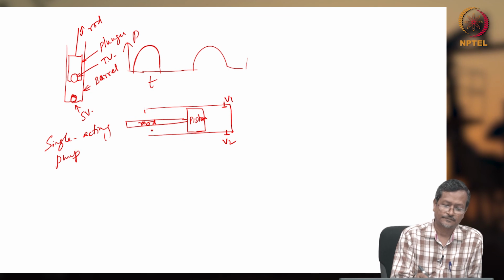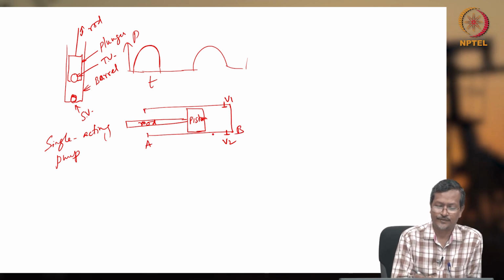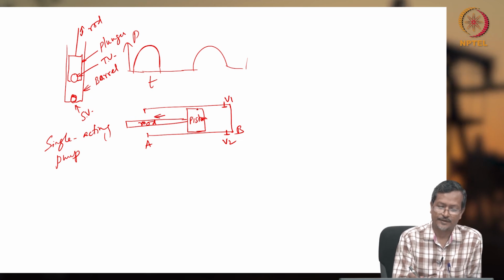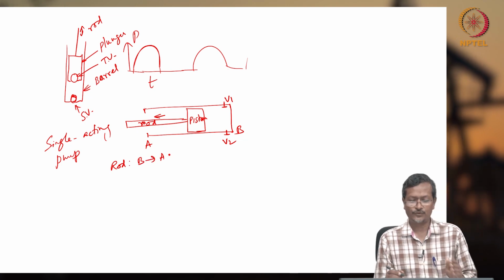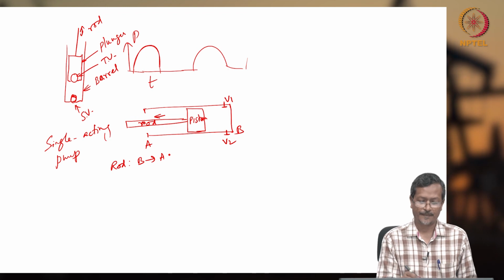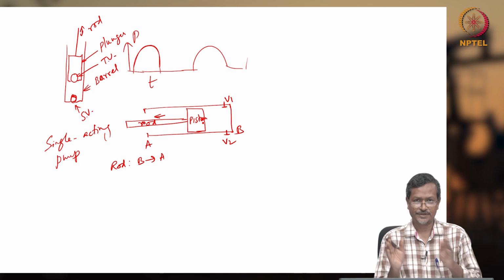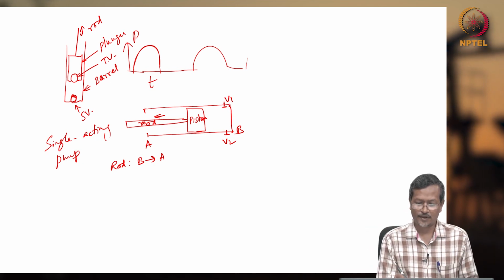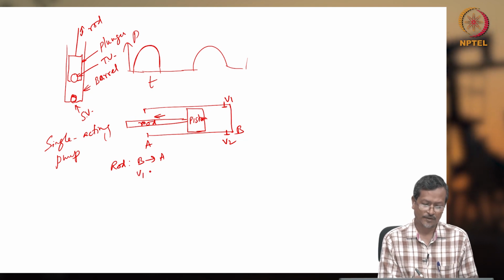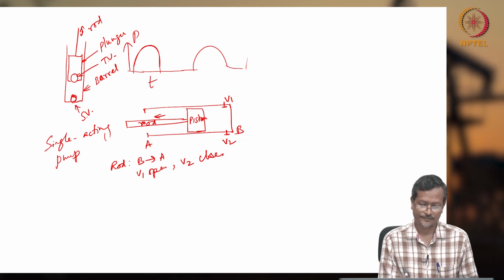Now when the piston is moving A, B, the rod is moving B to A. So when moving B to A, what is happening? The rod and piston are moving right to left. So at that time V1 will be open, V2 closed.